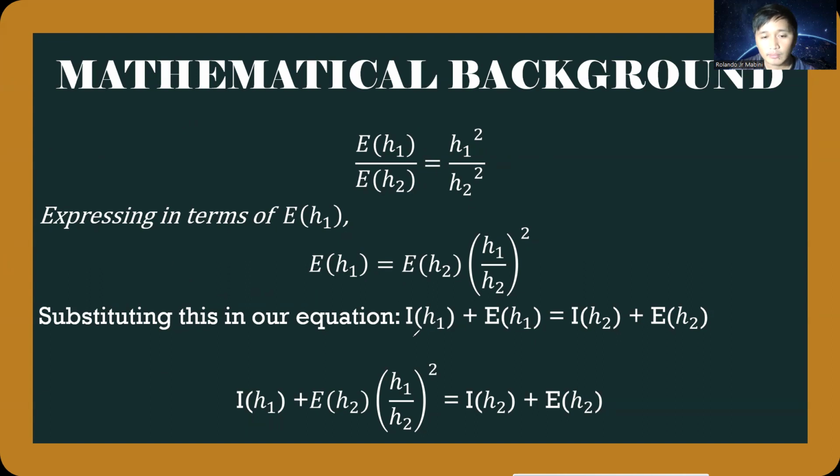If we can still remember the early equation that we have presented, it was assumed that if we have h1 and h2, and these are the step sizes of the trapezoidal rule, it will be equated: I is I of h1 plus E of h1, which must be equal to I of h2 plus E of h2.